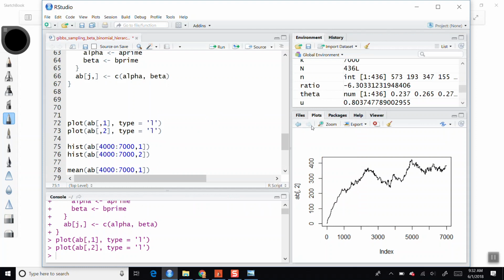What that tells us is that the only values that are getting accepted in our sampler are ones where alpha and beta are highly correlated. We don't really have a whole lot where alpha is getting bigger and beta is getting smaller, or vice versa. They're moving together. When alpha gets bigger, beta gets bigger. When alpha gets smaller, beta gets smaller.